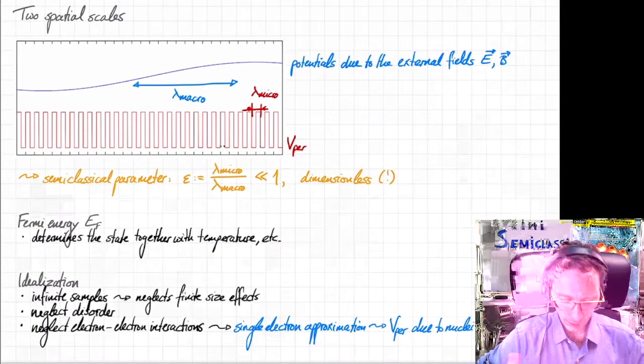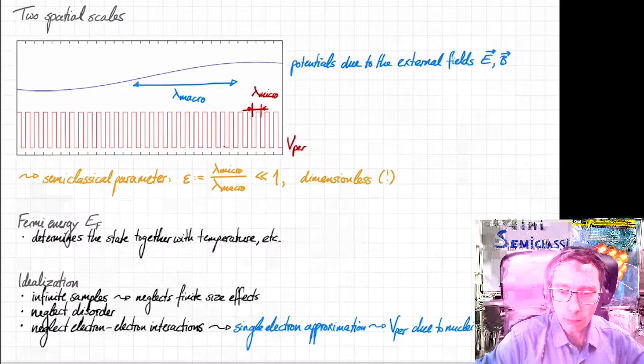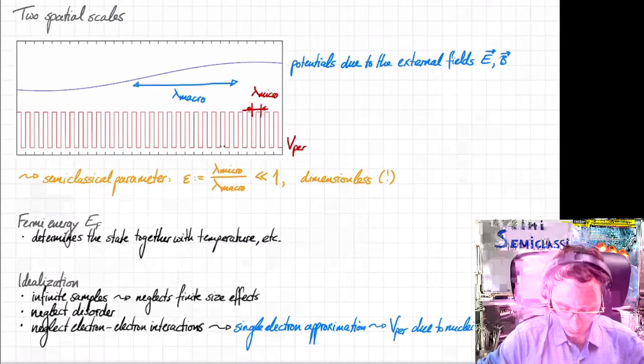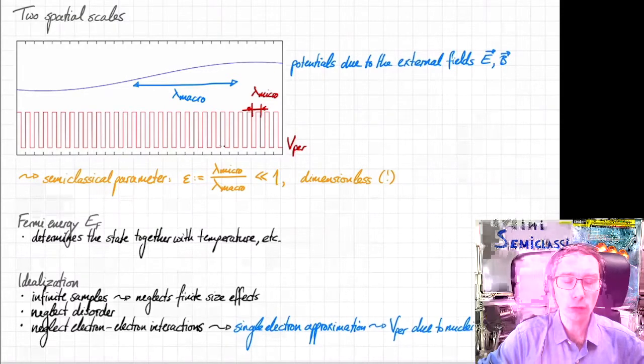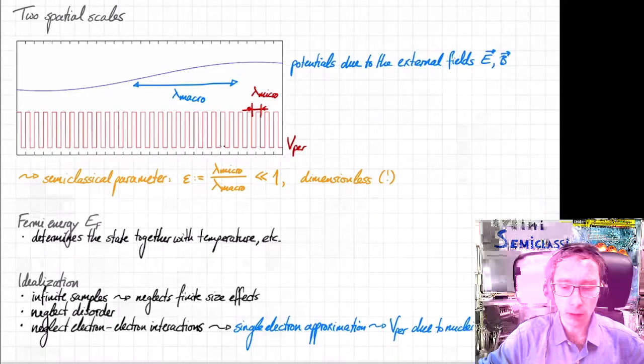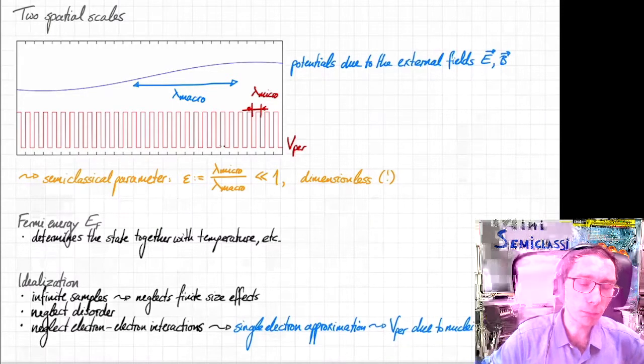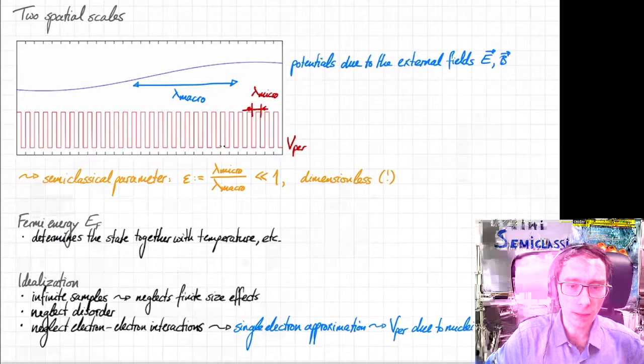So these are the idealizations that I'm going to make for the rest of the course. If you want to include electron-electron interactions, then again, we have a mini course where this is covered specifically, but this will not be covered in my mini course here, because also then you don't have a semi-classical approximation in the way that I'm presenting it here.